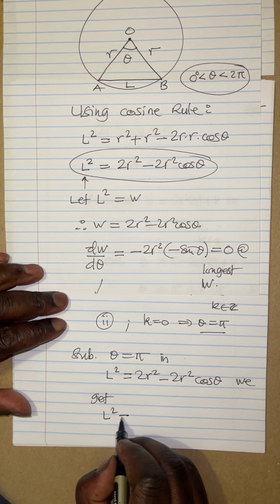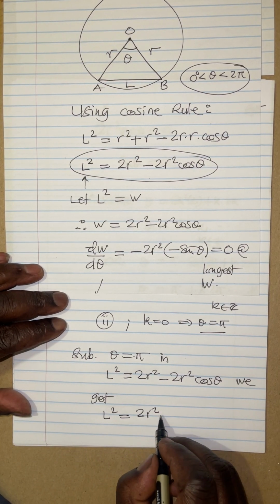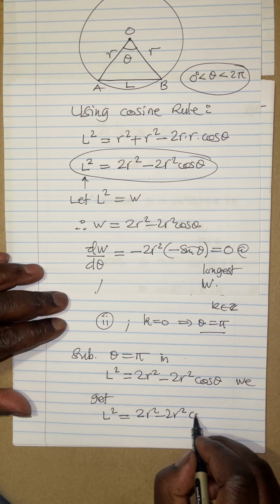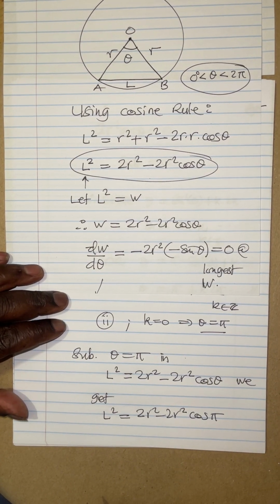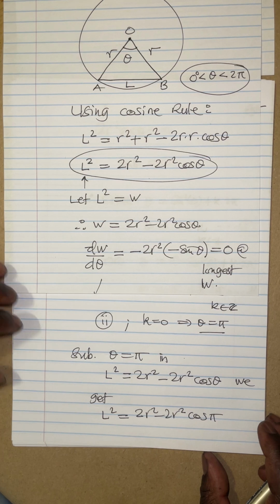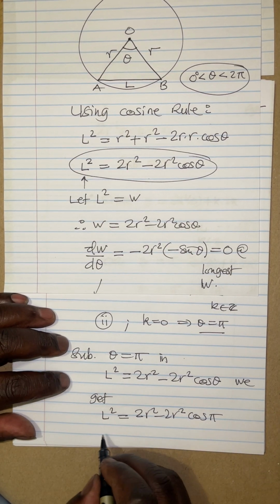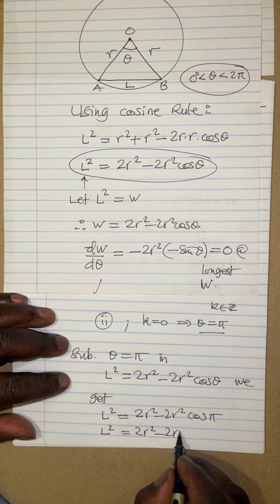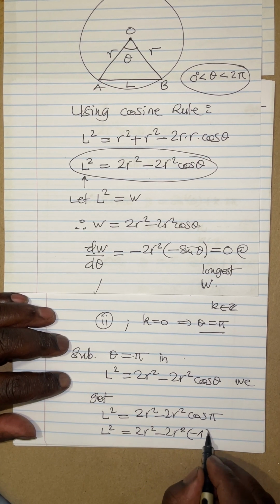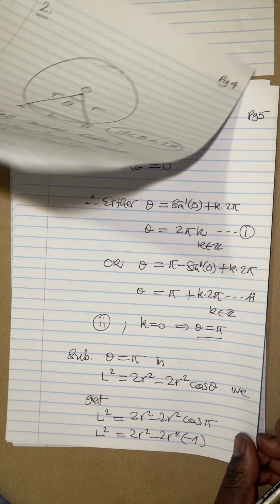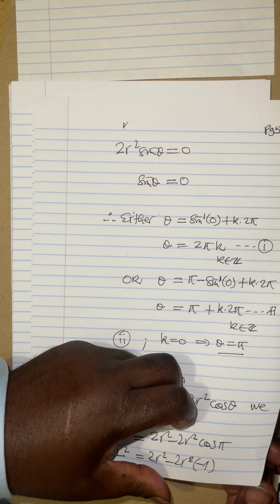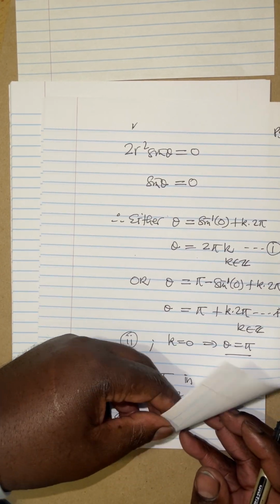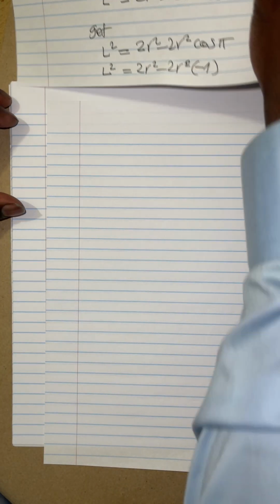L squared is equal to 2r squared minus 2r squared, and then cosine of pi radians. Now notice something. Cosine of pi radians is actually minus 1. So L squared equals 2r squared minus 2r squared, and then times minus 1. Now let's go to page number 6 to simplify this off, and that will be the end of our calculation.